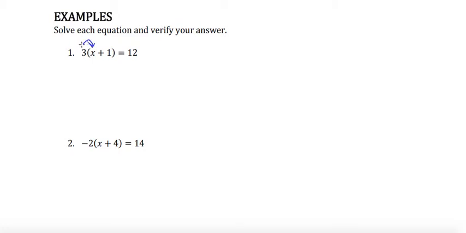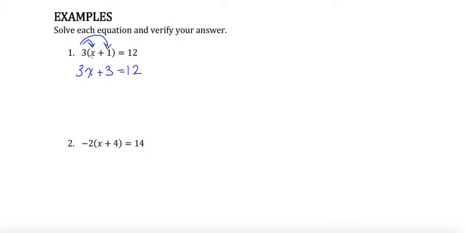And you may remember seeing it with some arrows to help you remember that you're multiplying by every term within the bracket. So this 3 times x gives us 3x. 3 times 1 gives us 3, so we have plus 3, and that is equal to 12.